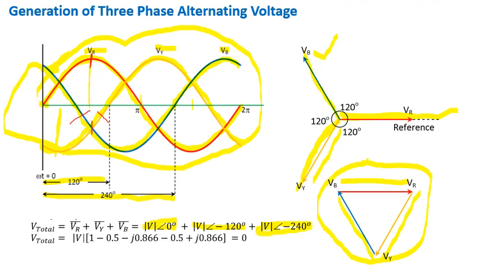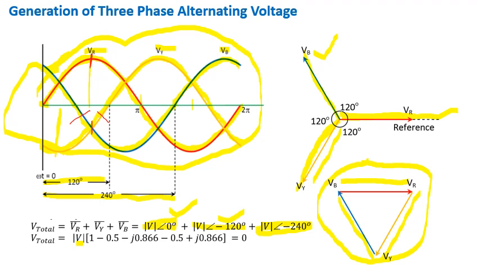So when we add them up, with V taken common, all these angles are represented as magnitude of 1 at an angle of 0 degrees, plus magnitude of 1 at an angle of minus 120 degrees, plus magnitude of 1 at an angle of minus 240 degrees.